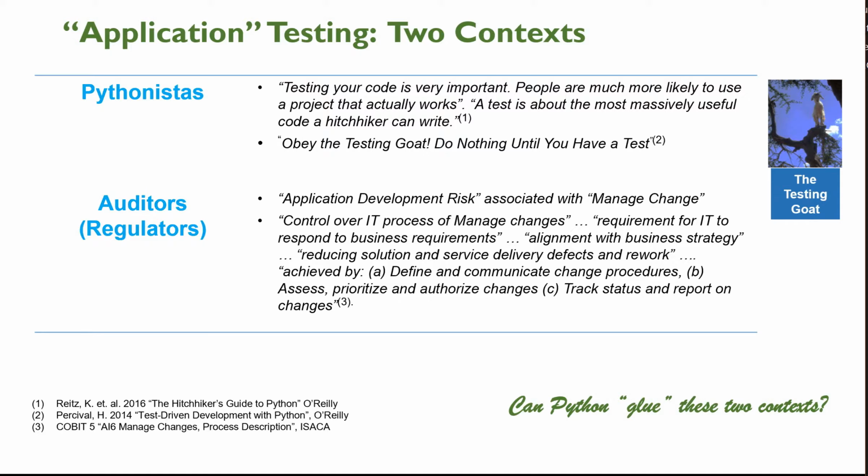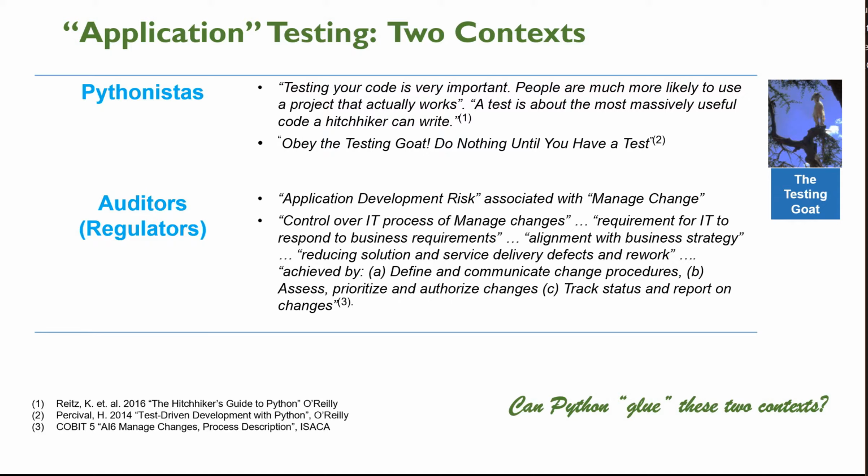And on the very extreme side, if you are lucky enough to work in an industry where it's heavily regulated, then very likely your code would be subject to auditing.